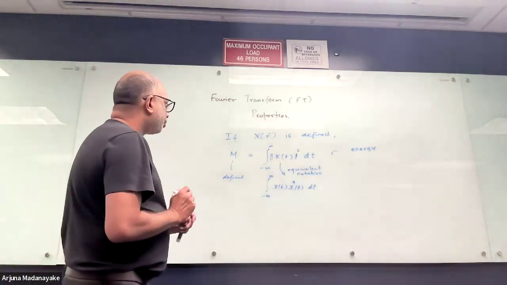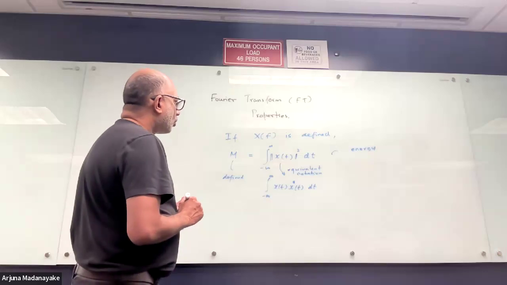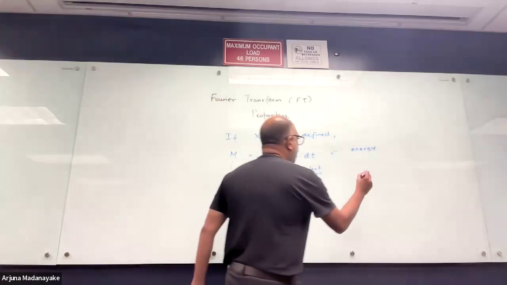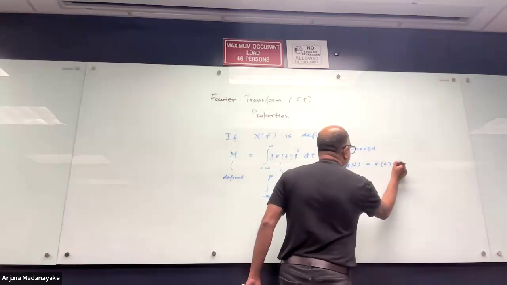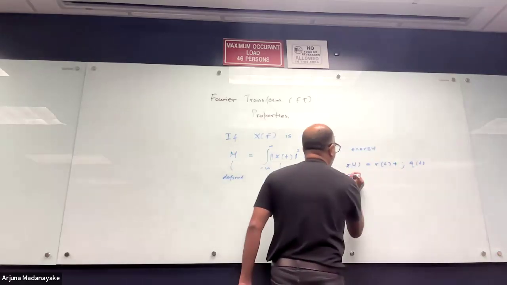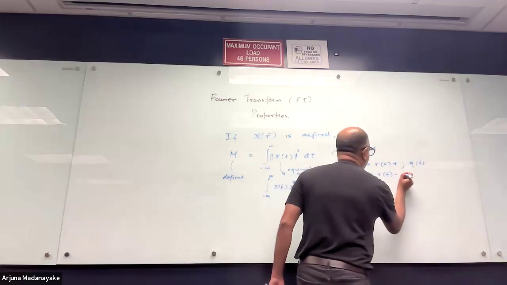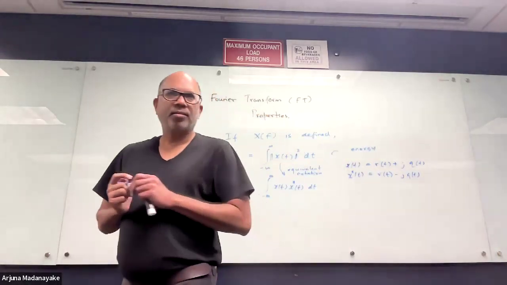And a quick question: what is x conjugate of t? X is a complex valued function, so you can find the conjugate. By definition, let's say x of t has a real part r of t plus j times q of t. So x conjugate of t has the real part remaining the same, but there's a negative sign on the imaginary part. Oh, okay. Thank you. That's useful.